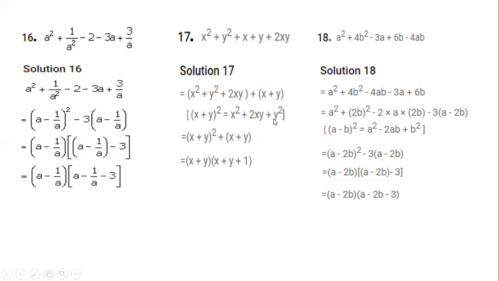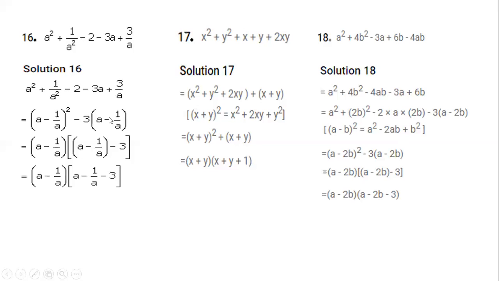When b is replaced by 1 by a, the a and 1 by a cancel, and we are left with a square plus 1 by a square plus 2. And in the formula a minus b whole square, we are left with a square plus b square minus 2ab. Sorry, a square plus 1 by a square minus 2. And here I can see a square plus 1 by a square minus 2.